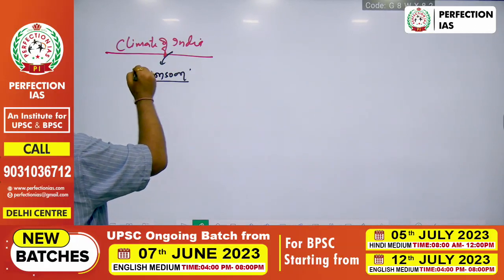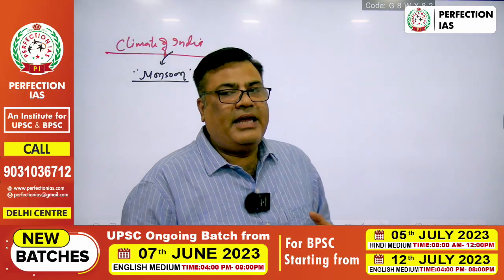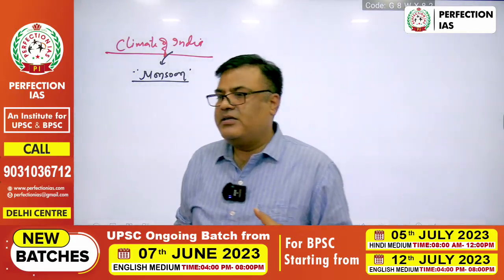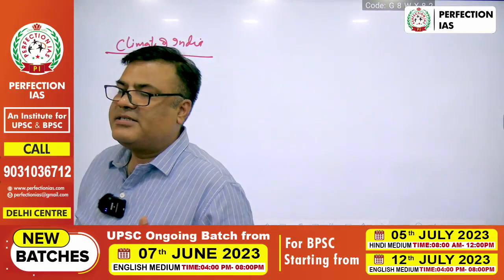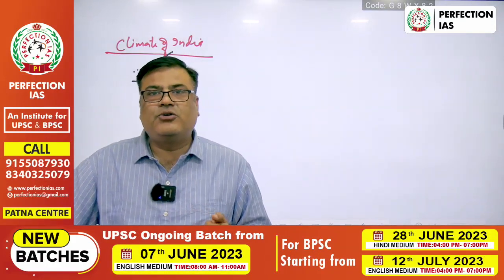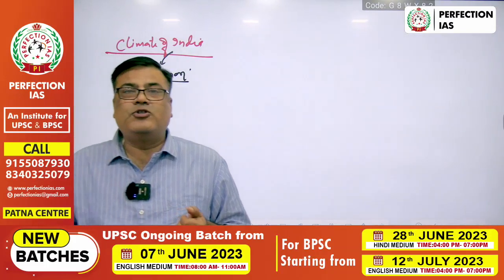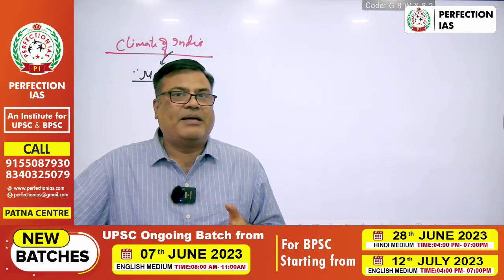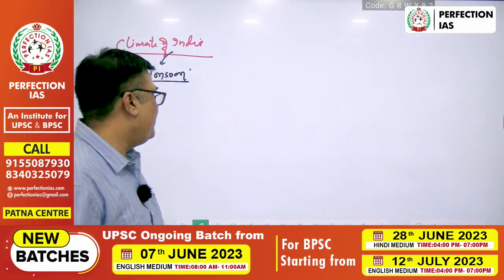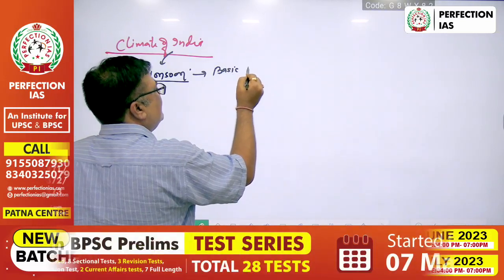And that requires a very detailed discussion, because a number of factors influence the Indian monsoon. Sometimes the rainfall is good, sometimes not, then monsoon delay, break in monsoon, and various other aspects are there.